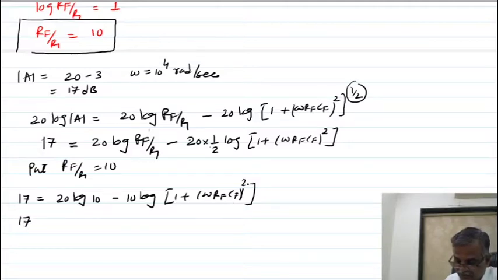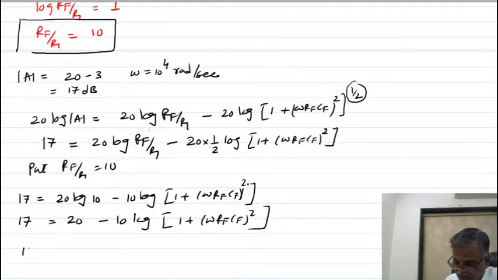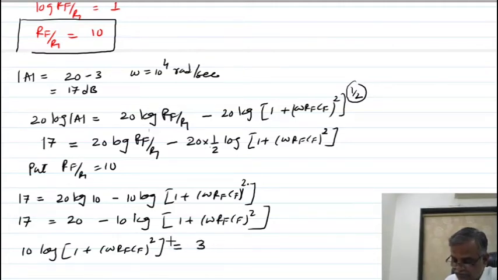So this is 17, this is your 20 minus 10 log of 1 plus omega Rf Cf whole square. So I can write 10 log of 1 plus omega Rf Cf whole square is equal to 3 dB, since 20 minus 17 is 3.